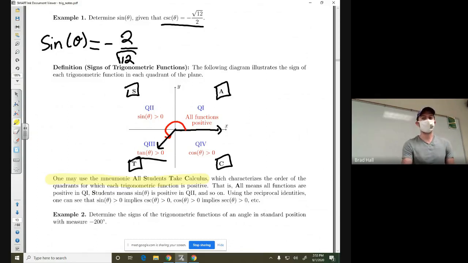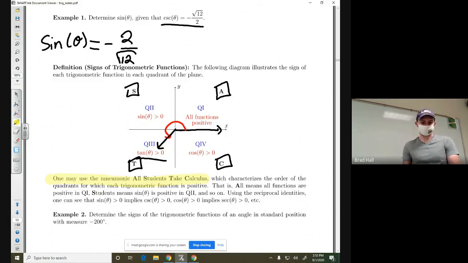And then I explain all means everything's positive. S in students means that sine is positive only. And then tangent's positive, and then cosine's positive. So that's what that refers to.